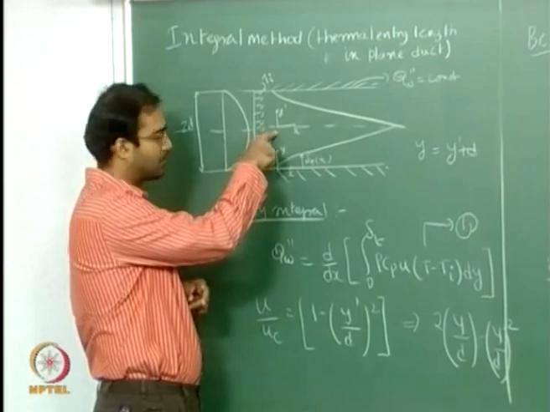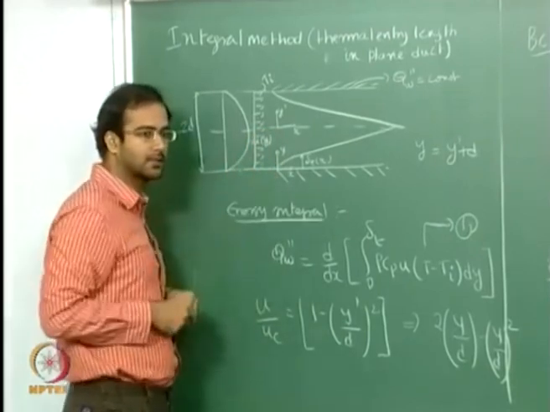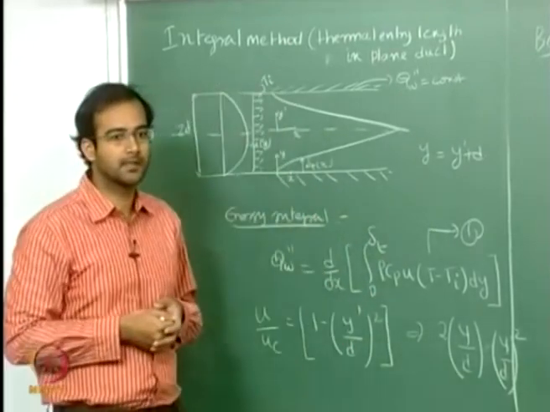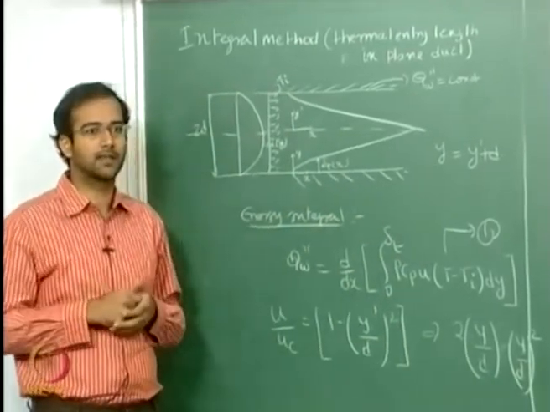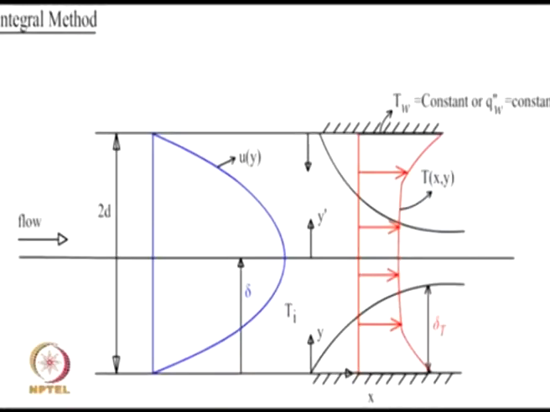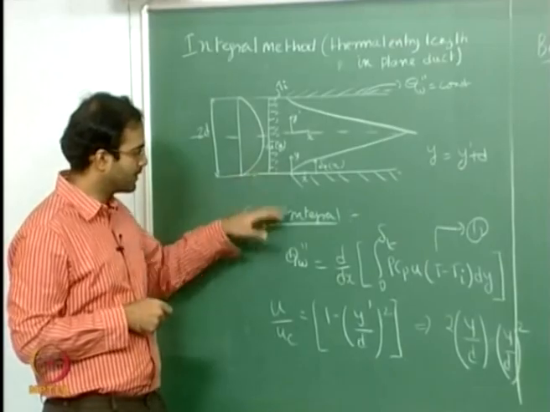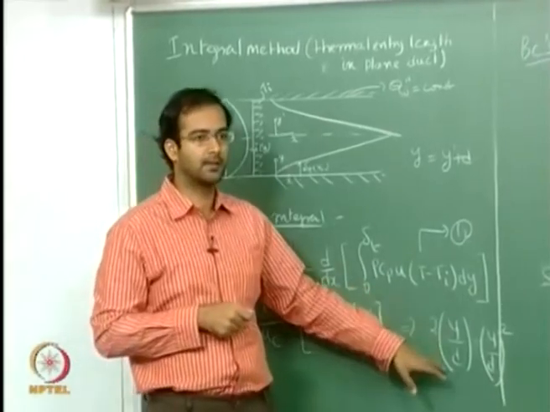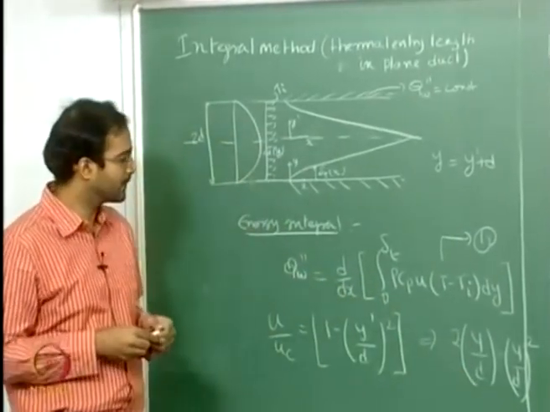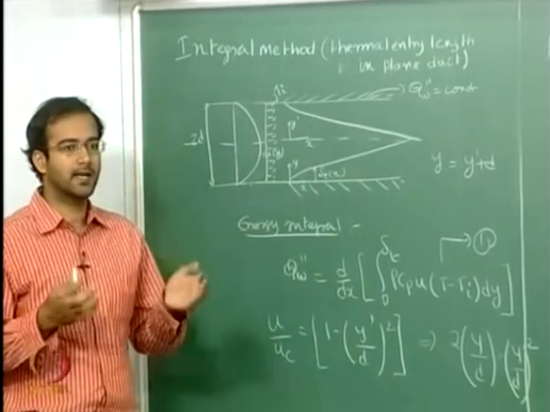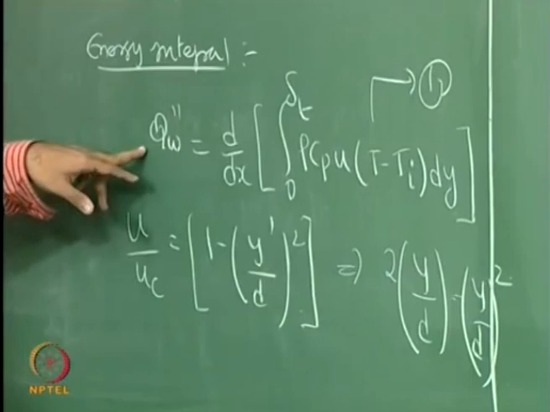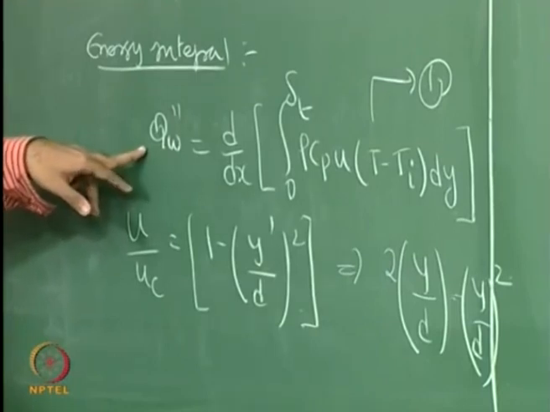That we have to transform to a coordinate system which is starting from the plate, because the integral method is basically integrated from the plate till the edge of the boundary layer. So that's where we transform the coordinates, and then this is the velocity profile in the transformed coordinate. Of course, if you integrate the energy equation, it's a very straightforward integration, you directly get the energy integral, which is equation number 1.